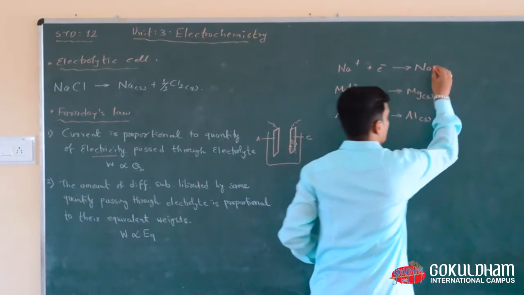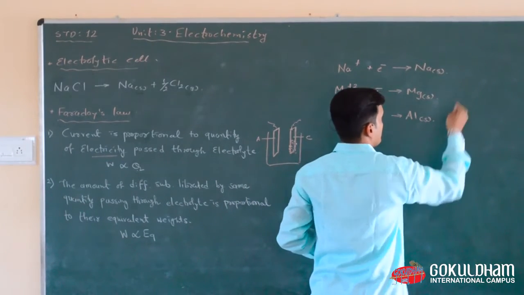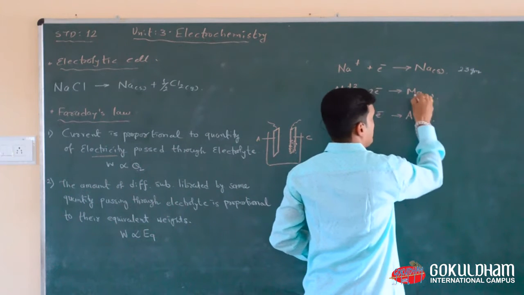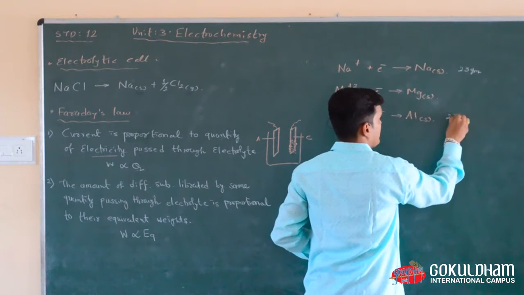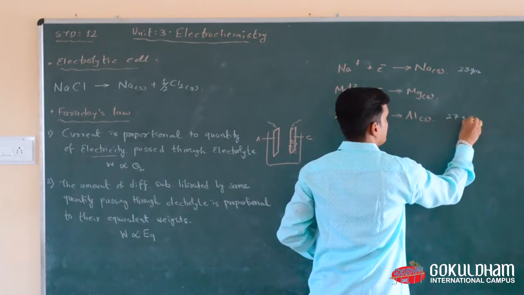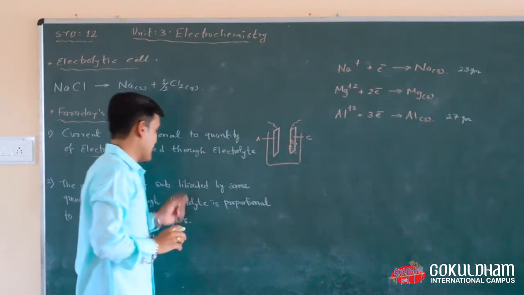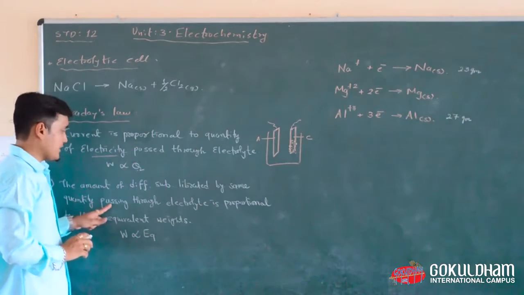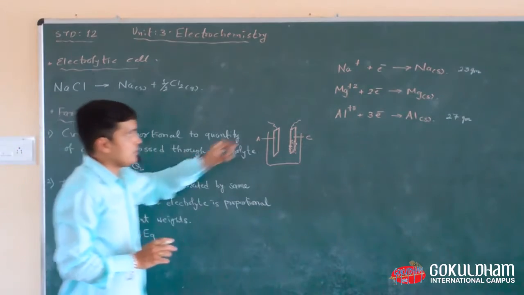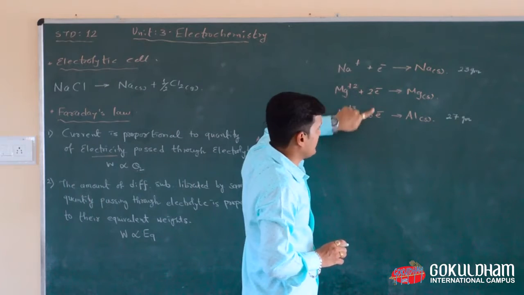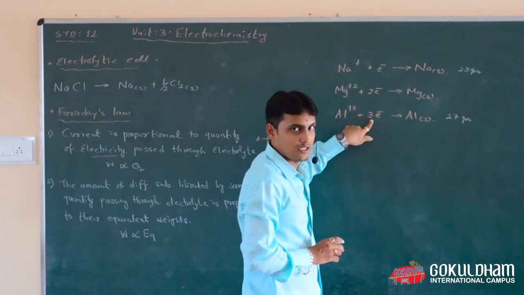The atomic weight of sodium is approximately 23 gram, magnesium is 24 gram, and aluminium is 27 gram. So how can we apply the same quantity of current? Here there is 1 electron, here 2 electrons, and in the other case 3 electrons.